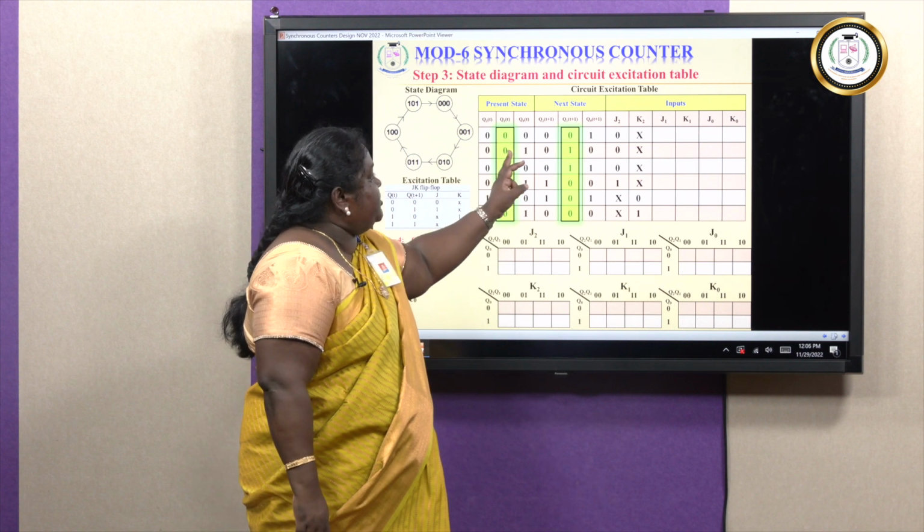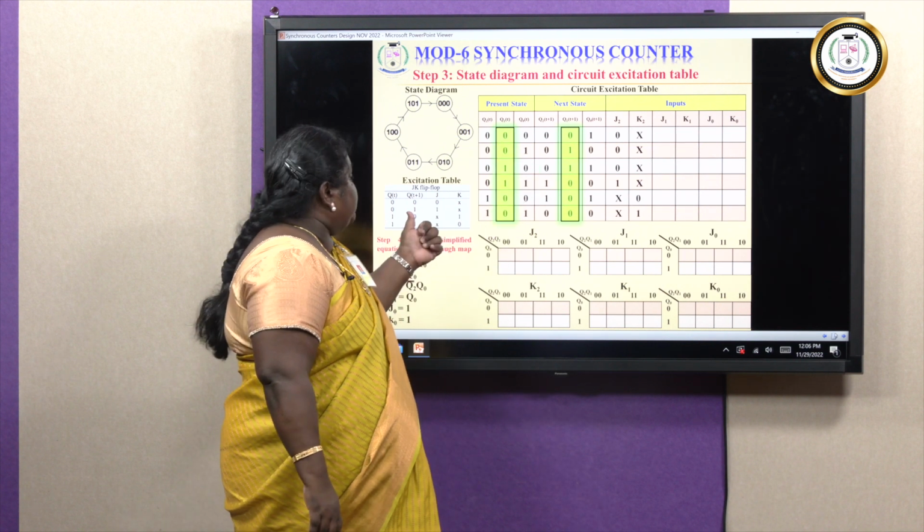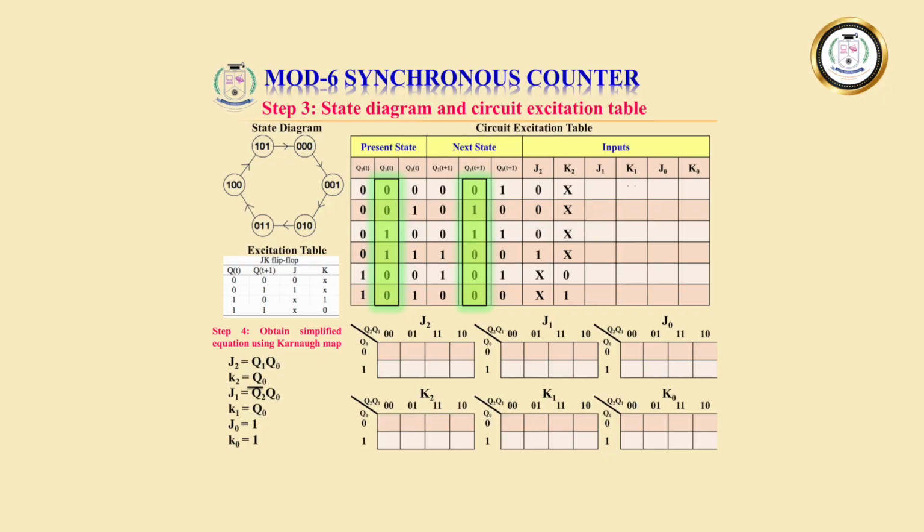So what are the combinations? That is 0, 0, it is going to be 0, don't care. And 0, 1, it is going to be 1, don't care. Similarly, for 1, 1, it is going to be don't care, 0, and for 1, 0, it is going to be don't care, 1, and similarly, we can fill for the other combinations as well.